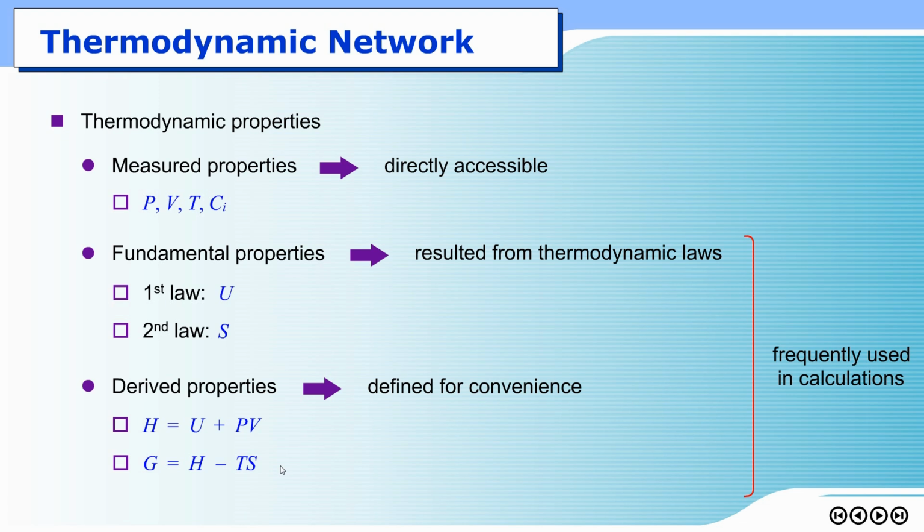So in order to make a connection to what we can measure, we need to find the relationship between whatever we use in the laws of thermodynamics and whatever we can measure. This relationship is called the thermodynamic network. In order to convert the variables in the thermodynamic laws to parameters that we can measure, we need relationships among them. This is the focus of this lecture.